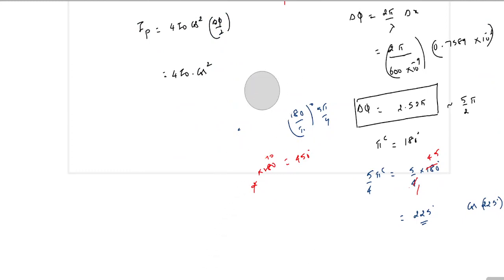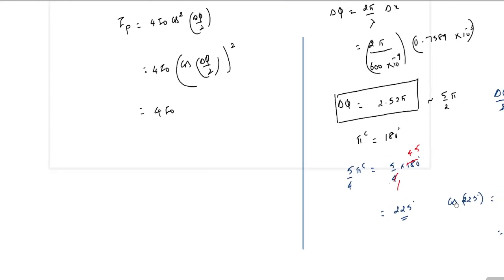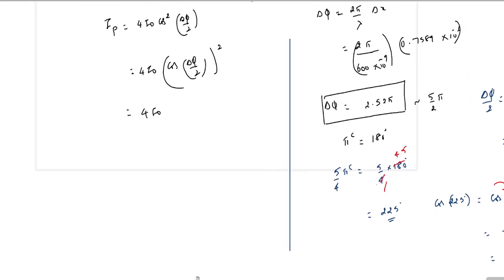So if you put it back here, then what we get is cos square of this value. So just write this as 4 I naught cos of delta phi by 2 the whole square. Cos of delta phi by 2 was cos 225, which is minus 1 by root 2.